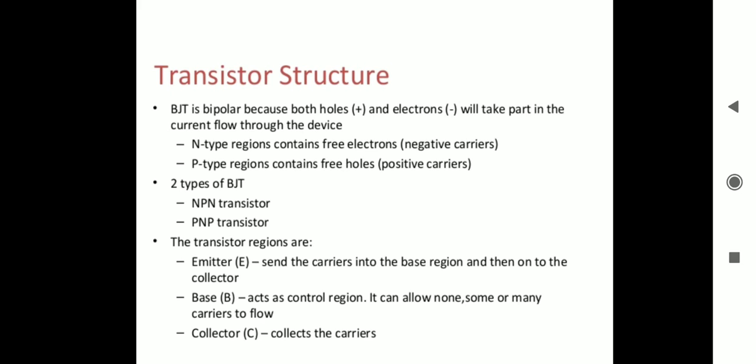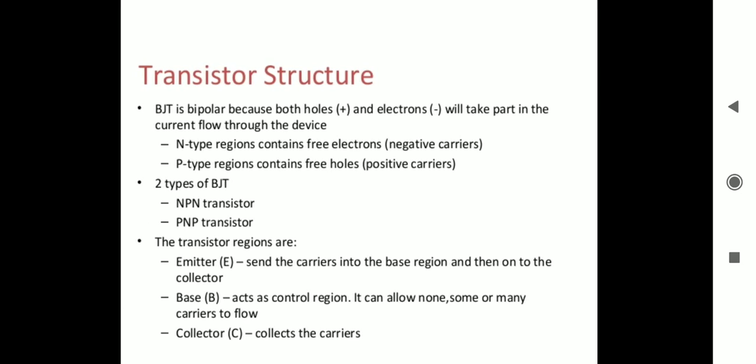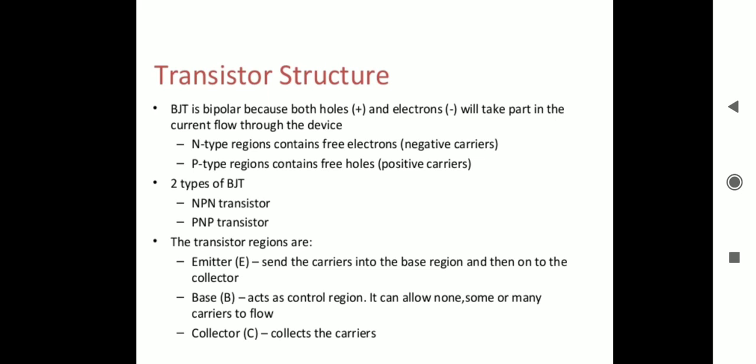The role of the base is that it acts as a control region and it can allow some or many carriers to flow. The next is the collector. The collector collects the carriers.